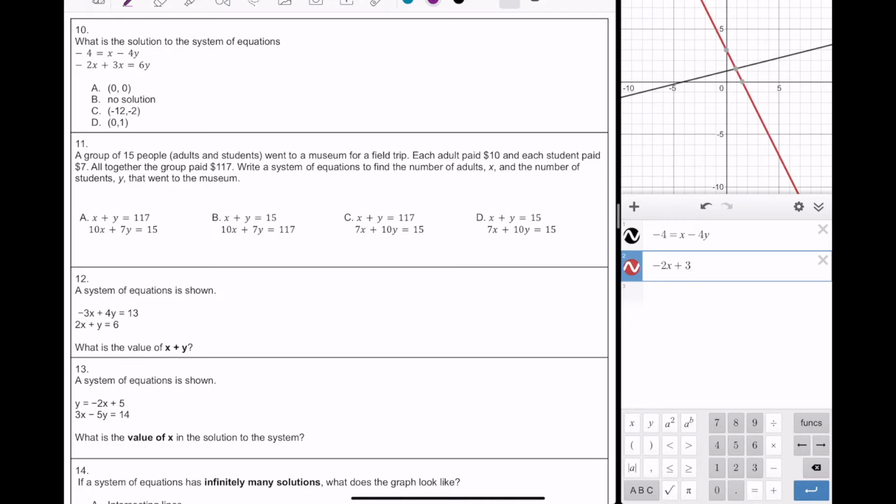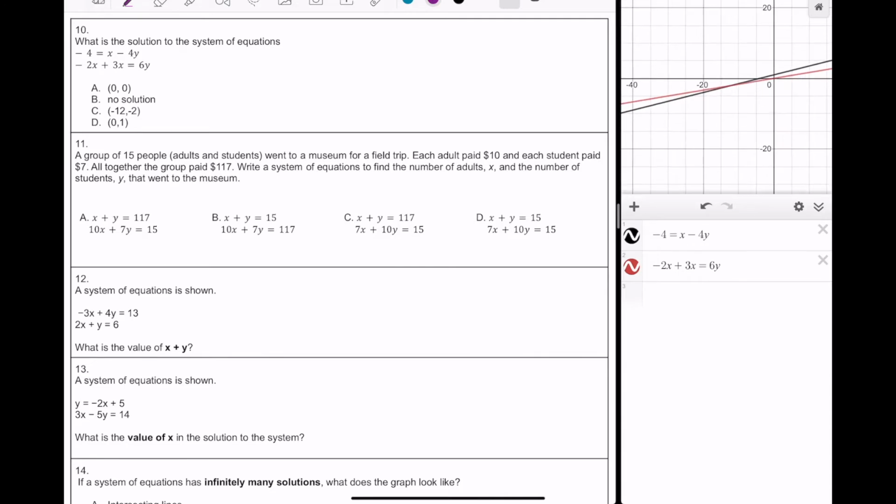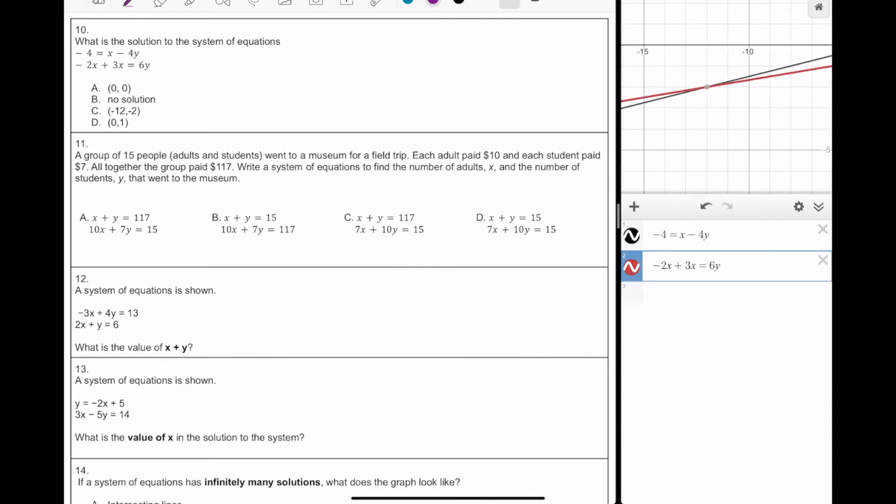I misspoke, excuse me. At first it looks like it might be no solution because they're not intersecting in the visible screen, but if I zoom out and zoom back in, I see that my solution is negative 12, negative 2. So that is where these two lines cross.